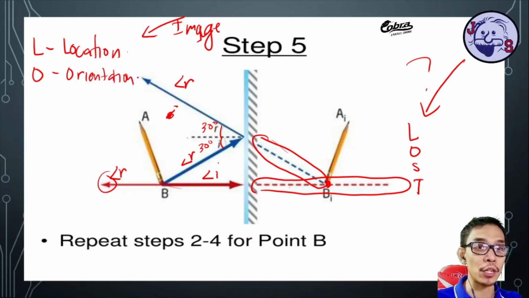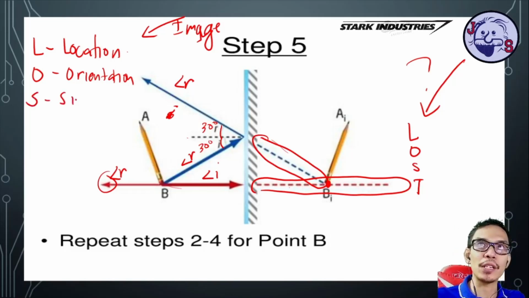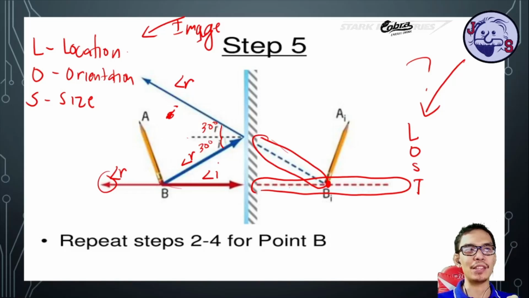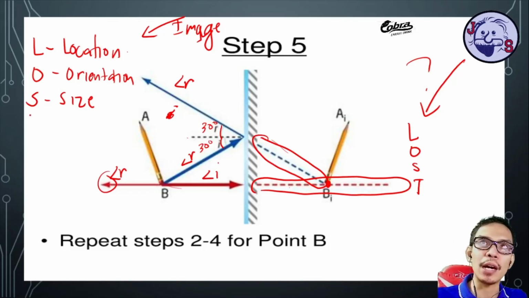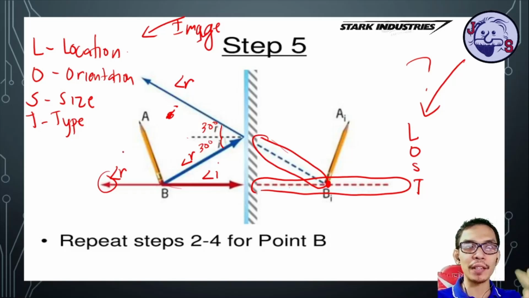What do we mean by orientation? Upright or upside down, erect or upside down. Next one, size. This is the size of the image compared to the object: enlarged or magnified, same size, or diminished. Next one is T, the type of image. There are two types of image, virtual and real.